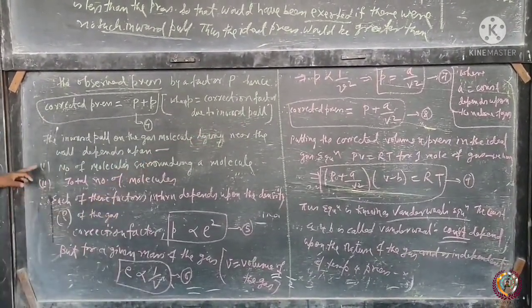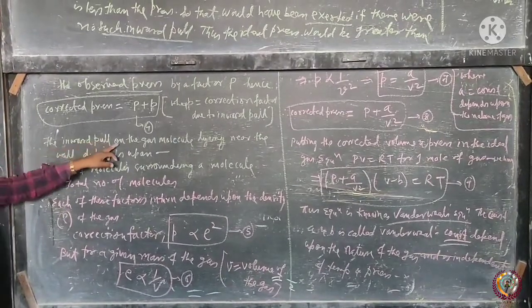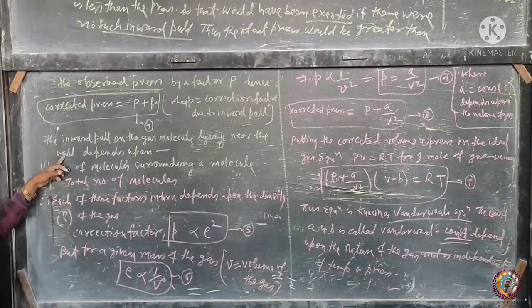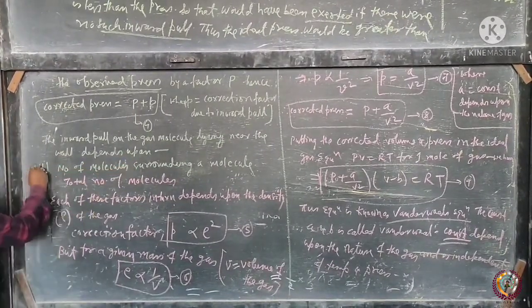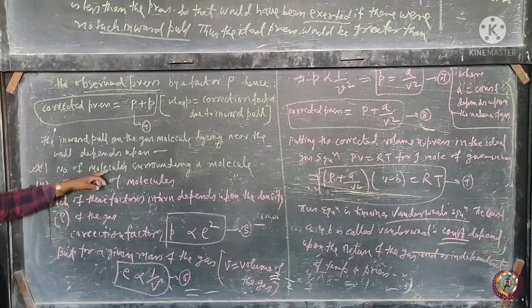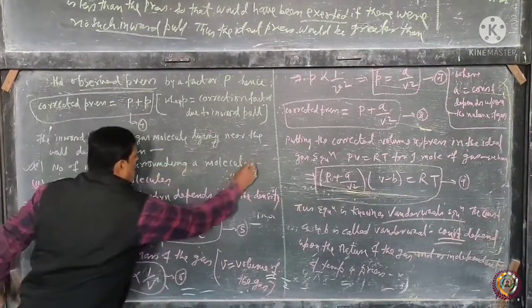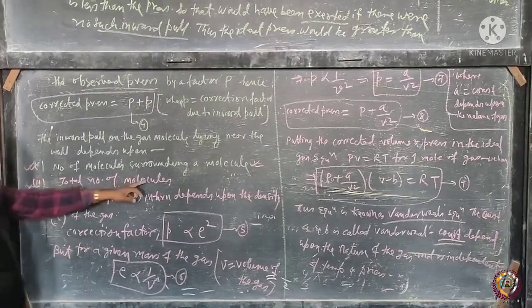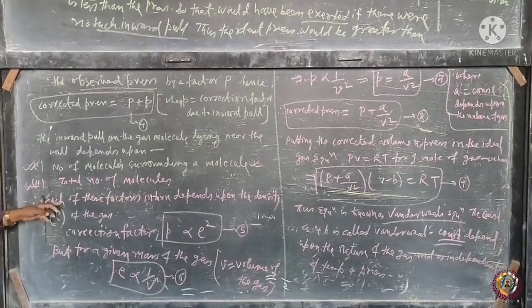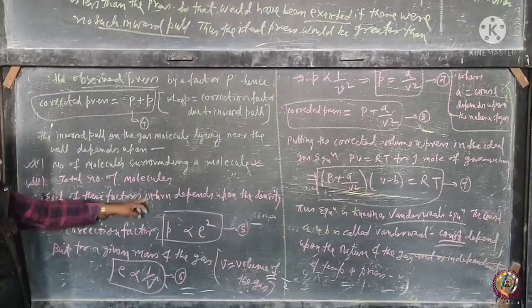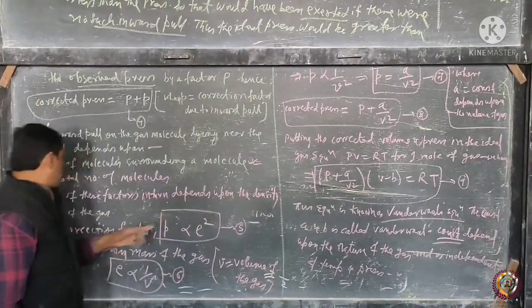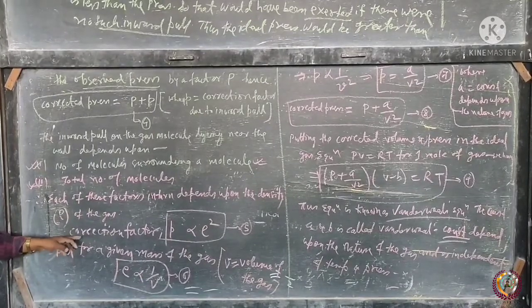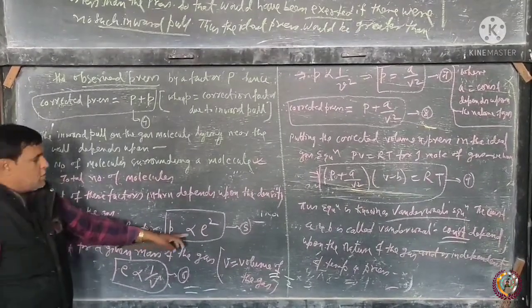Therefore, the inward pull on a gas molecule lying near the wall depends upon, number 1, the number of molecules surrounding a molecule, and number 2, the total number of molecules. Thus, each of these factors in turn depends upon the density, that is rho, of the gas. Therefore, the correction factor p is proportional to rho square.